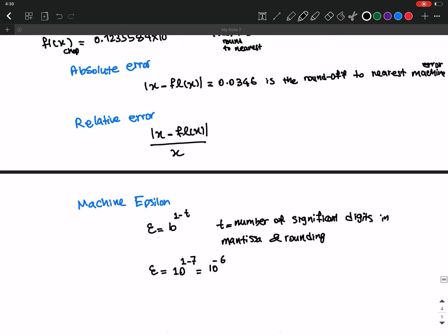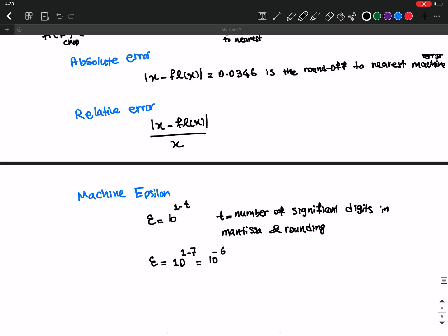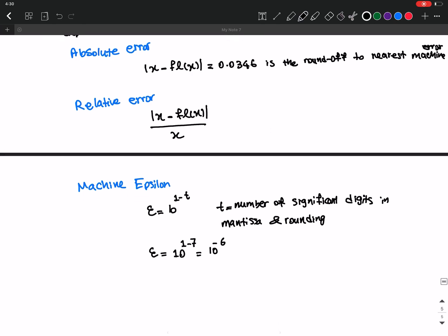Okay. And we have some relations here. And the one is the absolute error is going to be always smaller or equal to epsilon over half times the x.